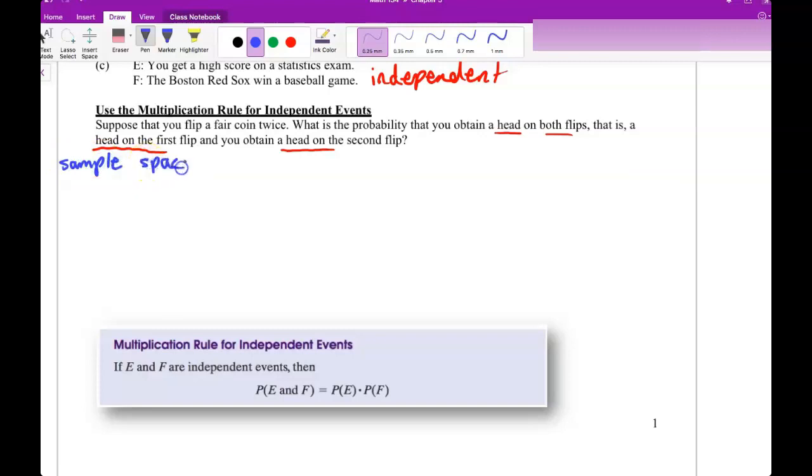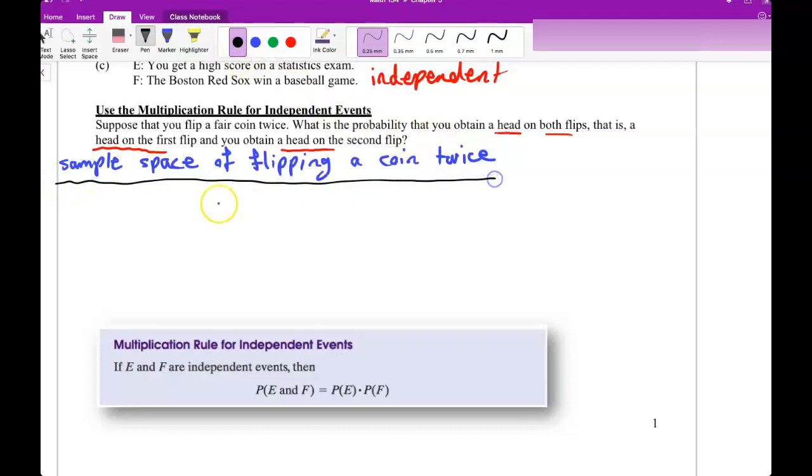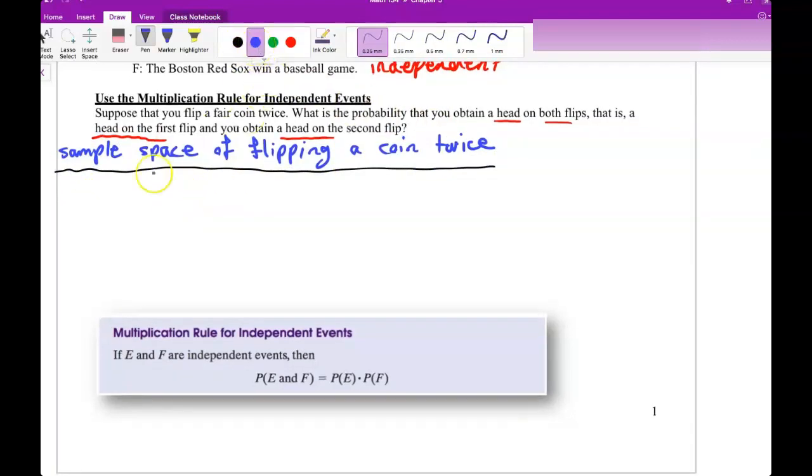So here is the sample space. Okay, so this was a sample space of flipping a coin twice.